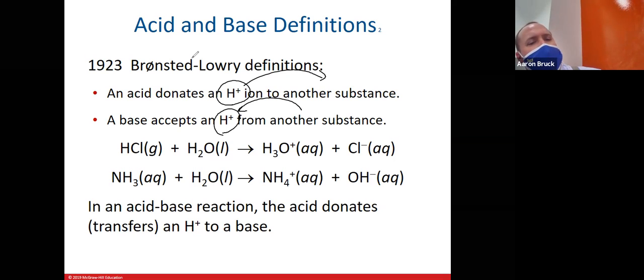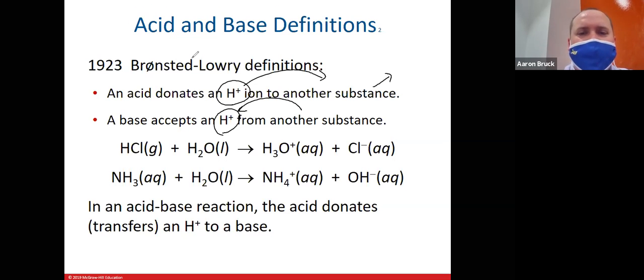By definition, an acid is something that is going to donate an H plus ion to another substance. That other substance we call a base. And under the Bronsted-Lowry definition, a base is a substance that accepts a hydrogen ion from another substance. Again, that other substance we call an acid.